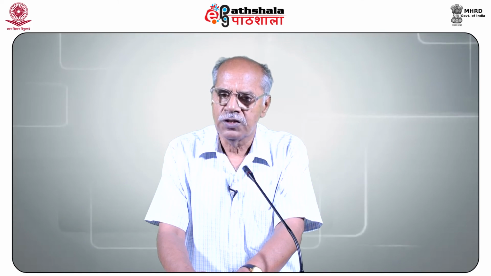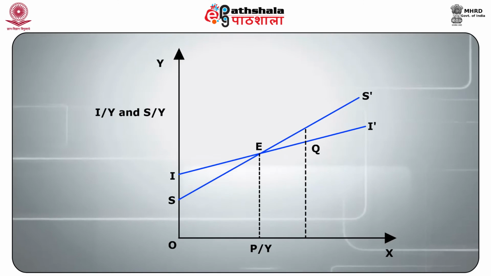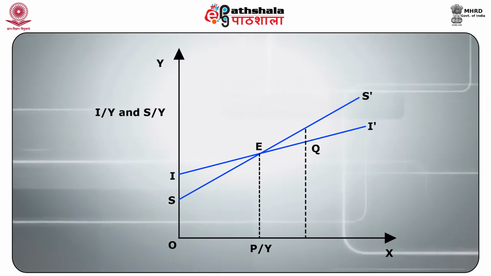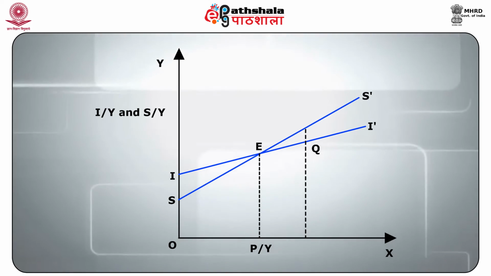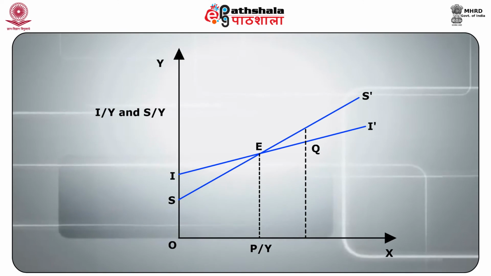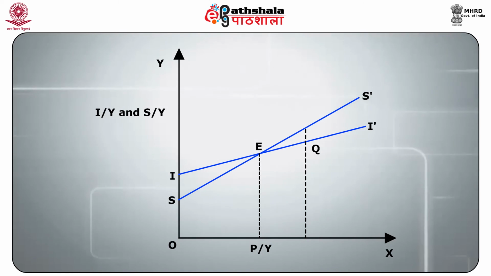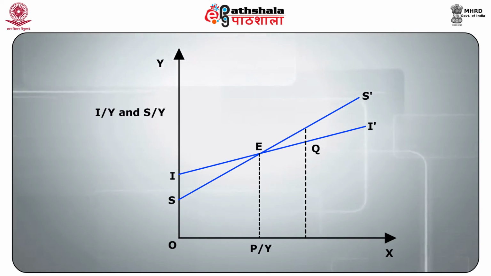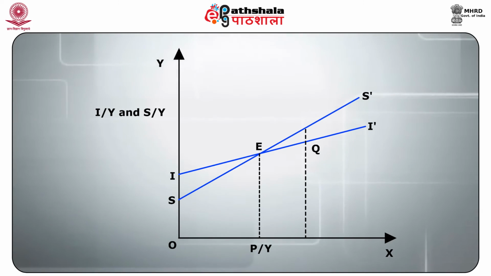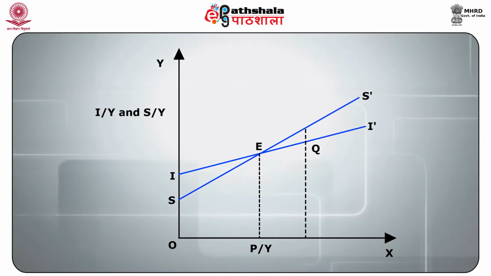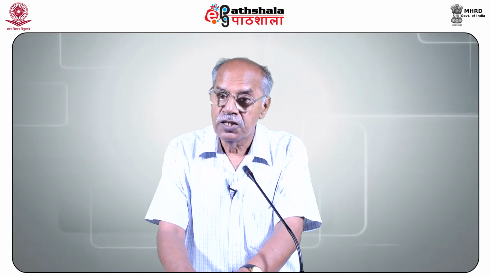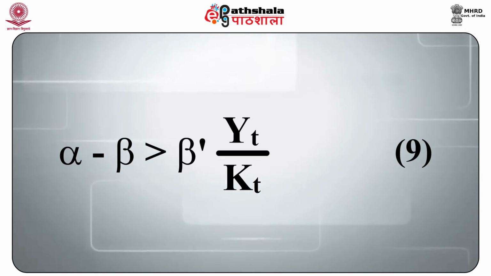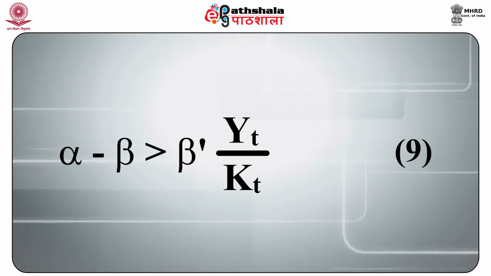This can be explained with the help of figure 1. On the horizontal axis, we have the level of profit or rate of profit. On the vertical axis, we have saving and investment as a ratio of income. Line SS dash is the saving function and line II dash is the investment function. Now, stability requires that alpha minus beta is greater than beta dash Yt upon Kt.